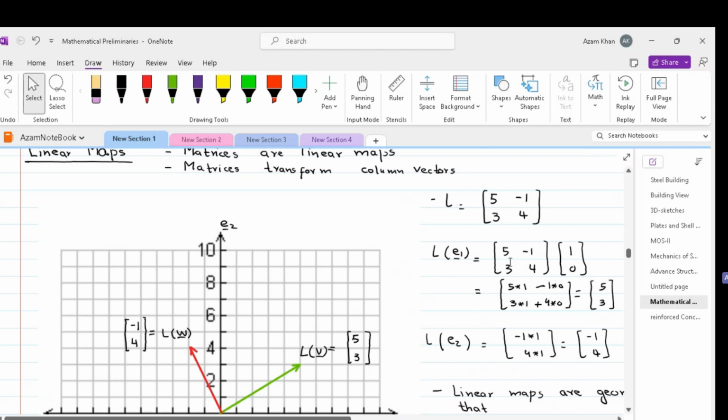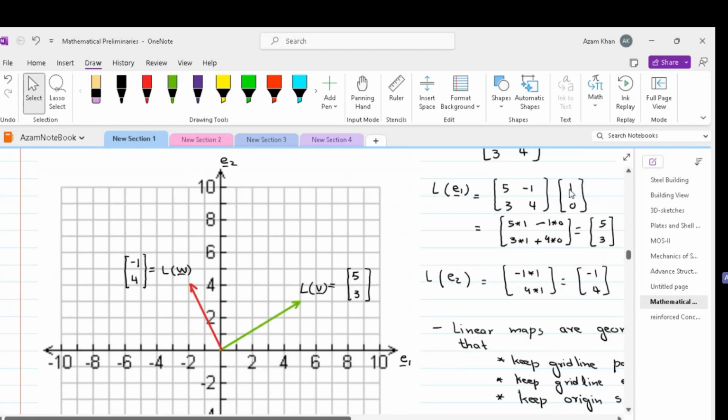This linear map, whenever it is operated on a vector, will transform that vector. So we have taken a unit vector in E1 direction and applied this linear map on this unit vector. The linear map has taken the unit vector into another vector which has components 5, 3. In other words, the linear map has transformed 1, 0 into 5, 3.